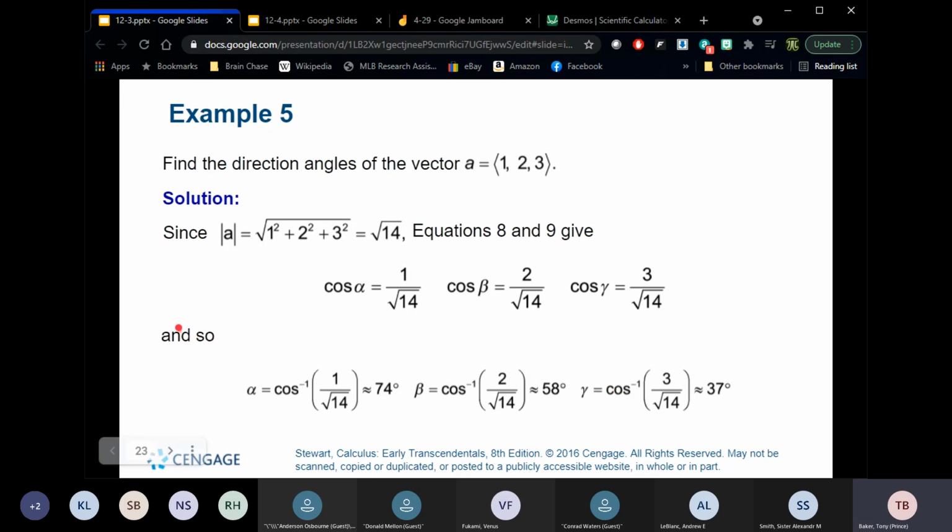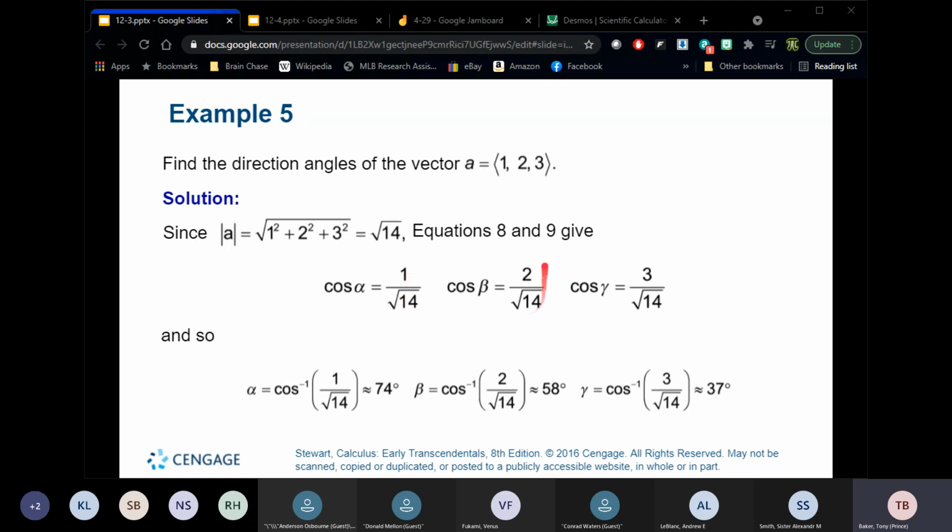All right, let's go through one. So in this example, we have our vector 1, 2, 3, and we want to find our directional angles for that. The length of a is the square root of 14. And then we're going to divide each of the values by that.